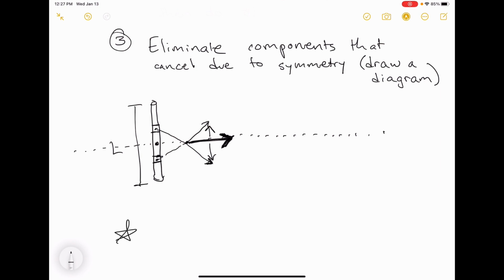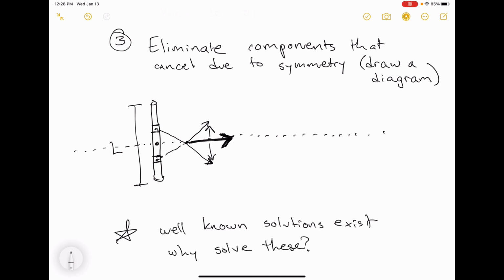So here's the thing. There are well-known solutions that exist to most electrostatic charge distribution problems, and they can be solved in closed form, and you don't even have to solve them in closed form because you can look up the answers. So why solve these? Furthermore, there are computer programs that can solve all the other problems numerically. So you really don't ever have to do an electrostatic charge distribution electric field solving problem ever.